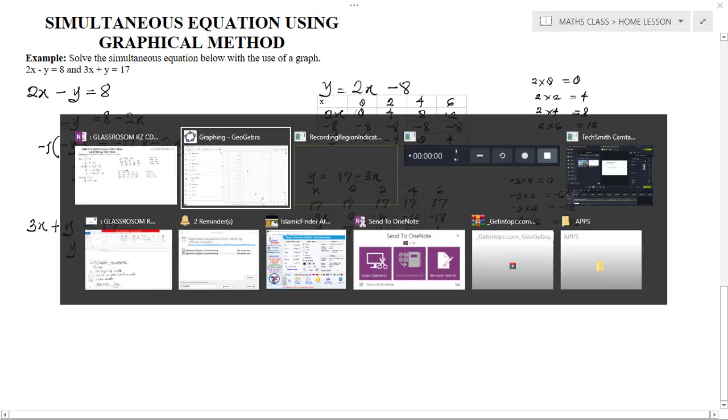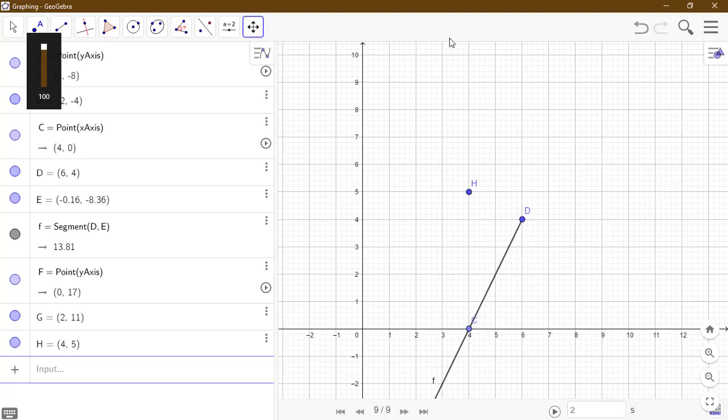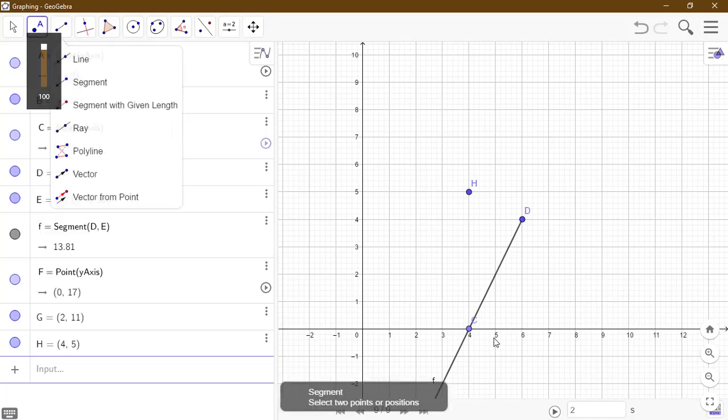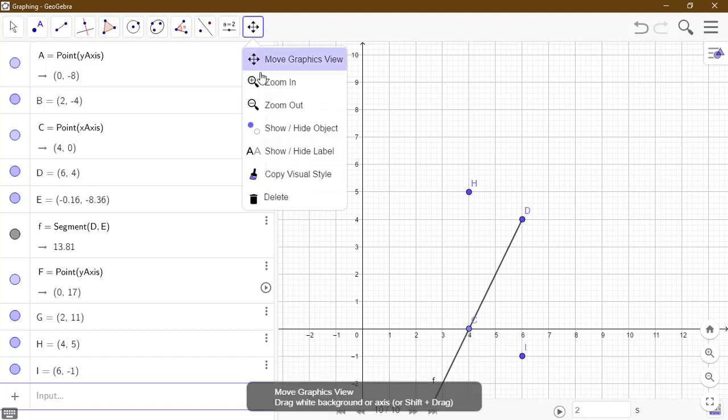Okay. So let me go back to that place. X is 6, y minus 1. So this is the position we are looking for. 6, minus 1. So now we can join these together to give us a good graph.